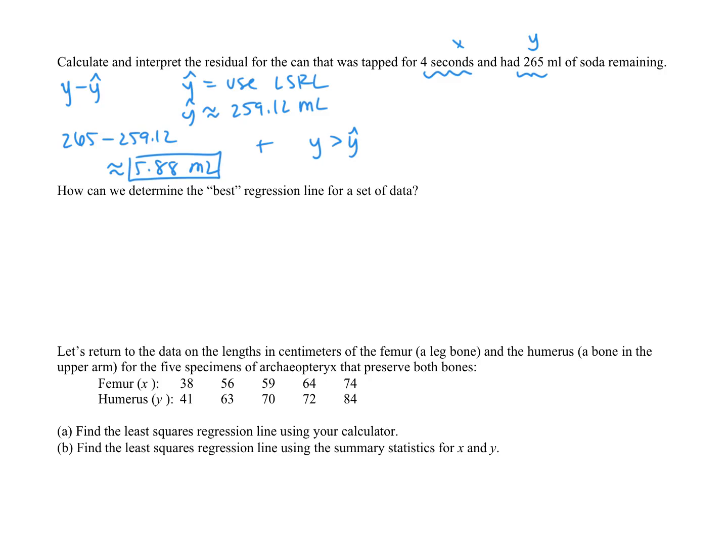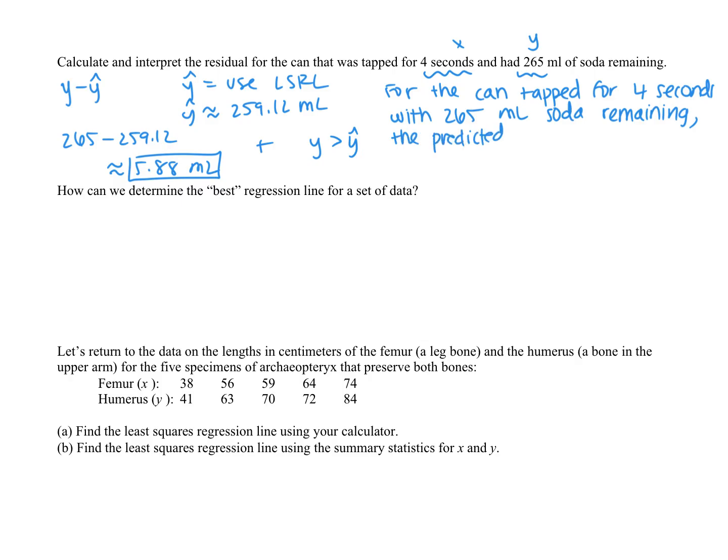So if we go to interpret this, we would say for the can, it is this specific can, for the can tapped for 4 seconds, with 265 milliliters of soda remaining, the predicted amount of soda was less than the actual value by 5.88 milliliters.